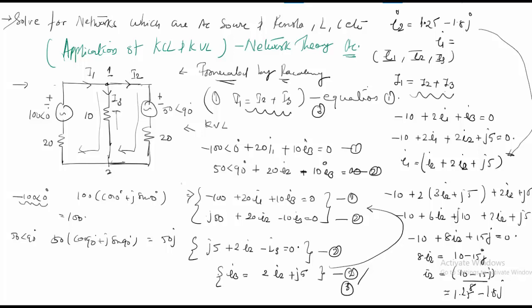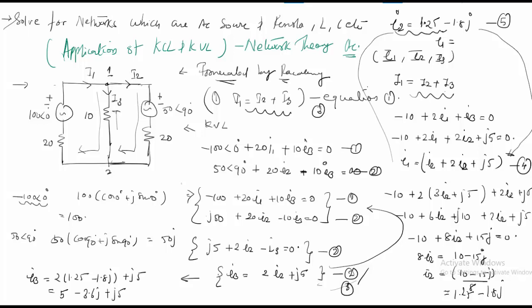If I say that this is my equation fourth and this is my equation 5, which is one of my answers, then my I3 can be found out as 2 into 1.25 minus 1.8j plus j5, which is equal to 5 minus 3.6j plus j5, which is equal to 2.5 plus j of 1.4.